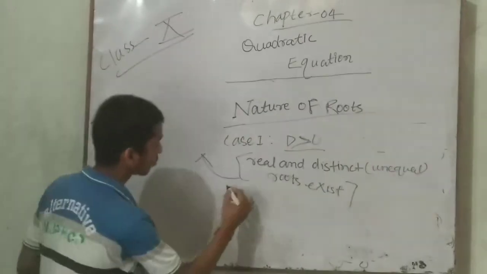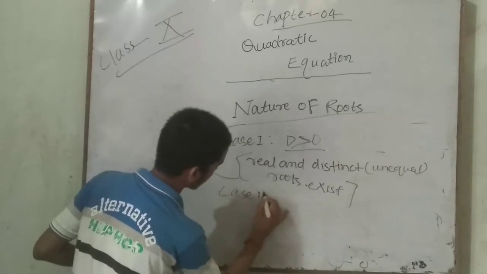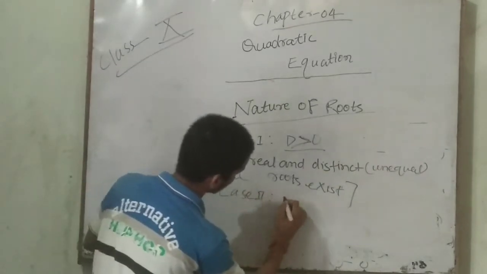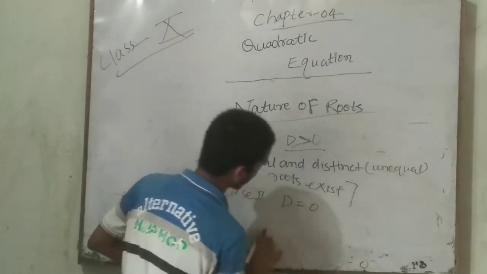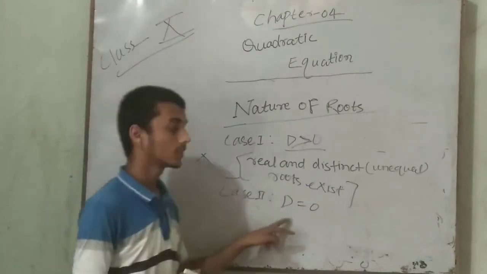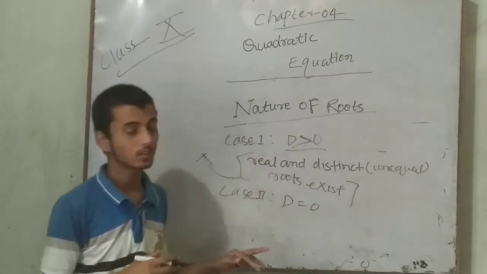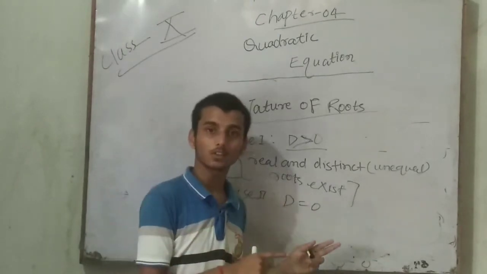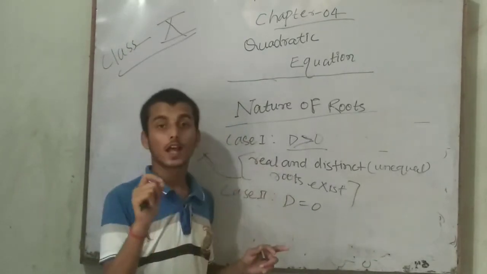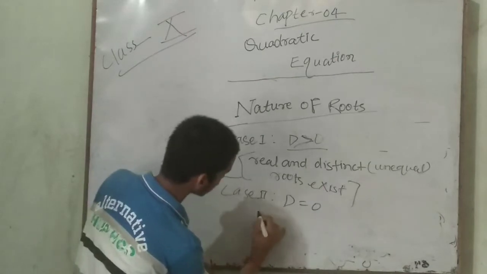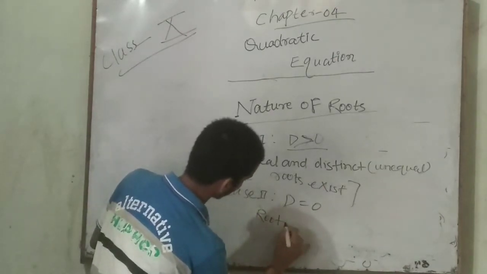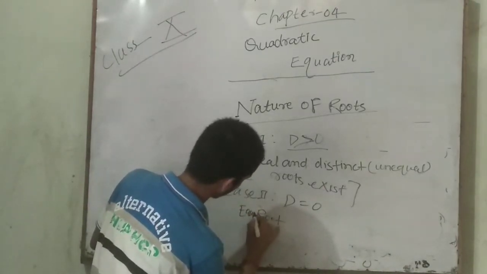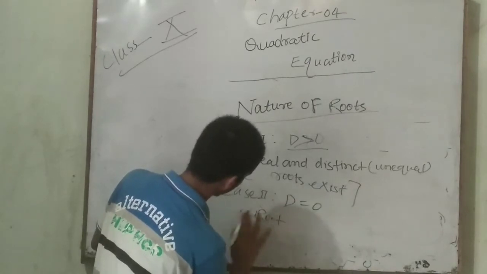Case 2: if D equals 0, meaning discriminant equal to 0, then roots exist in this case also, but the roots are real and equal.